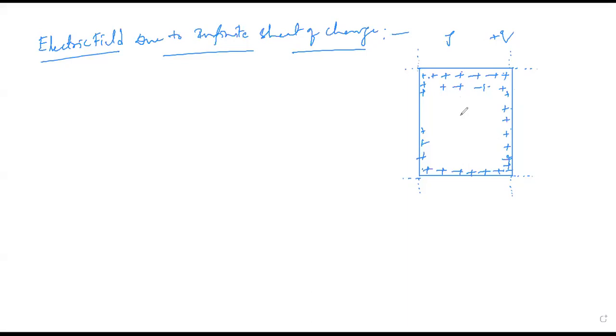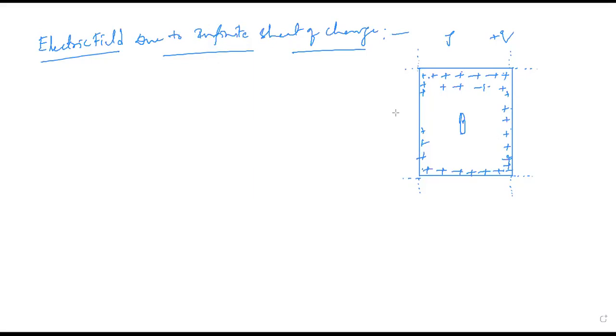For that, what I did yesterday: we took a cylindrical Gaussian surface. Here I am taking a point, which means it is only from one side. But at the same time, we also have to write for the other side. So to work this out, we have to assume a Gaussian surface.